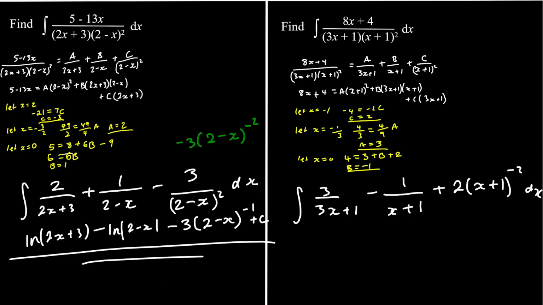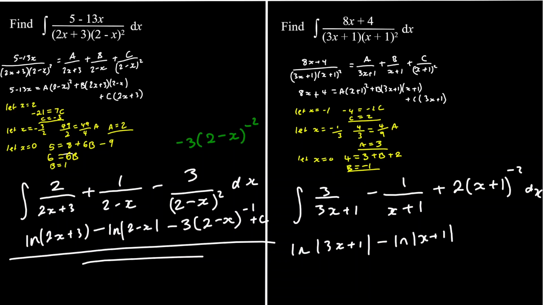So let's integrate. We're going to get log 3x plus 1. So the 3 is going to be cancelled out. So when we differentiate log 3x plus 1, it's 1 over 3x plus 1 times 3x plus 1 differentiated, so times 3, which is 3 over 3x plus 1, minus log x plus 1.